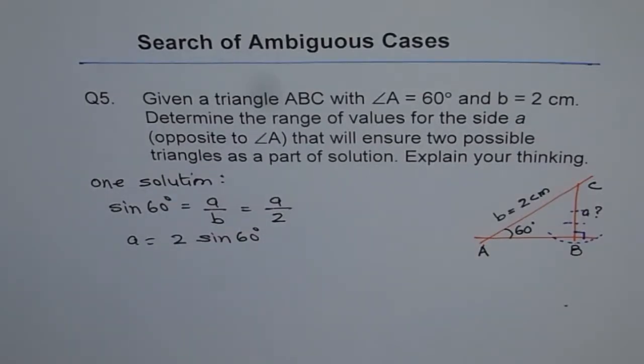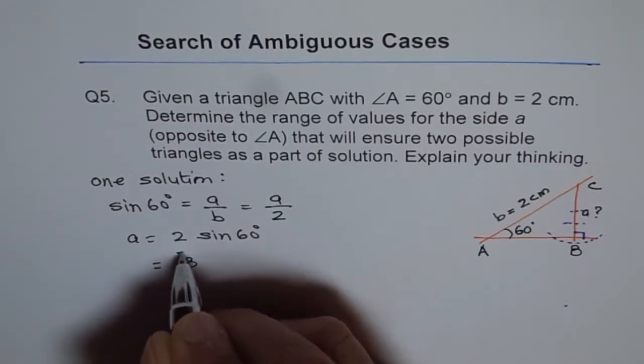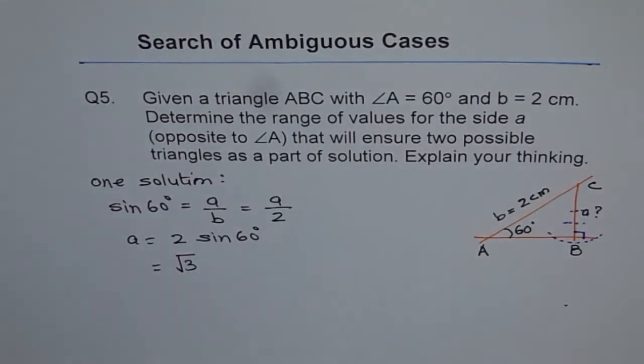So sine of 60 degrees equals square root 3 over 2, times 2 will give me square root 3. So that is equal to square root of 3, right? Some calculators will give us a decimal value, and that decimal value is 1.732.